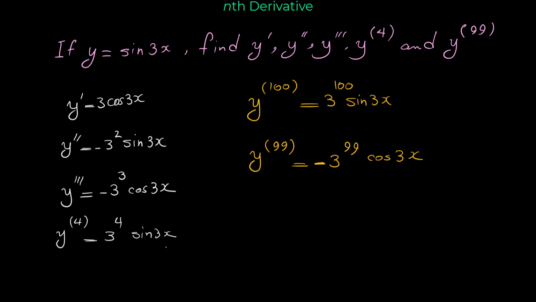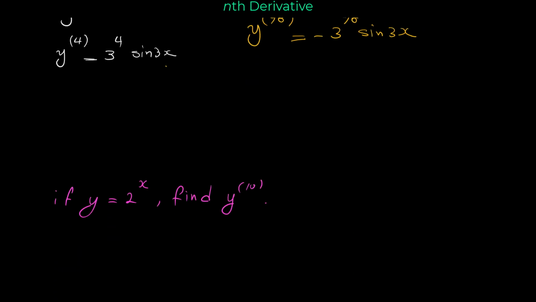And you can continue backward for finding the previous derivative. So for example, what is the 98th derivative? If you want to find, for example, the 98th derivative, it is negative 3 to the 98 sine of 3x. So it is like a cycle. You can go forward and backward.